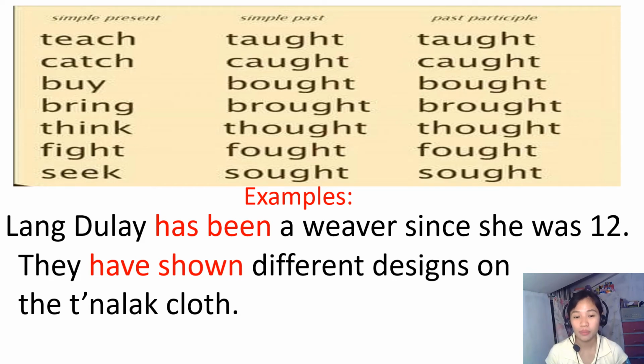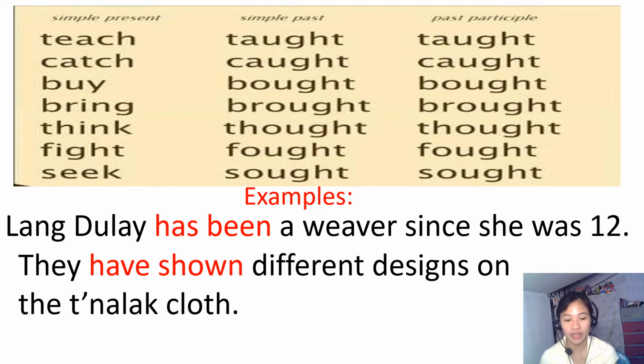Been is the past participle of the verb be. Shown is the past participle of the verb show. Has been, have shown. So again, we use has or have plus the past participle of the verb to show that it is in a present perfect tense.